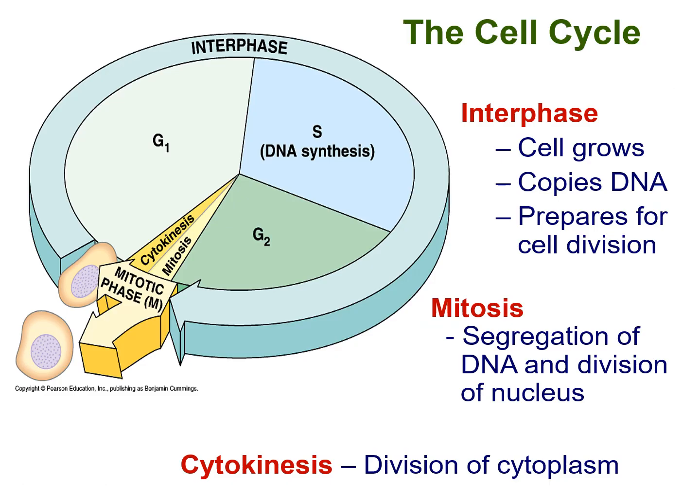Now that we've looked at some background information, let's talk about the events leading up to cell division and the events that occur during cell division itself. So the actual cell division can be broken into 2 parts, mitosis and cytokinesis. And together we call this the mitotic phase, or M phase, of the entire cell cycle.